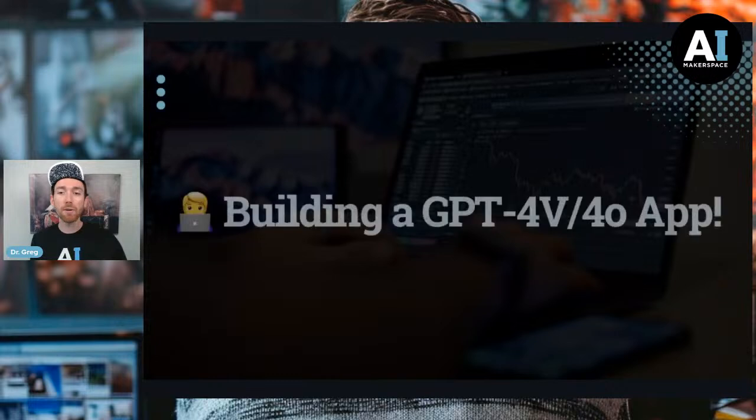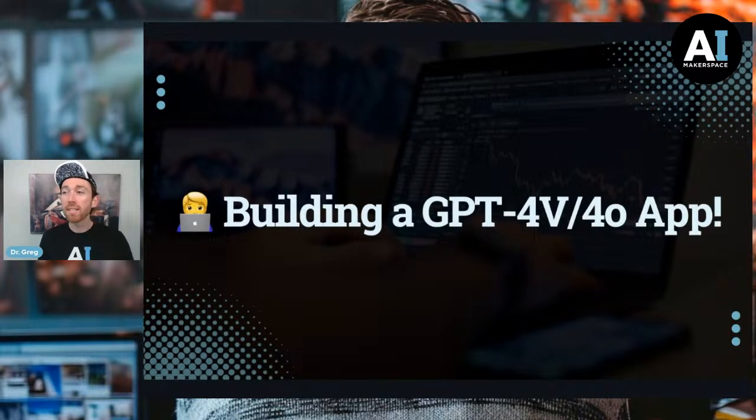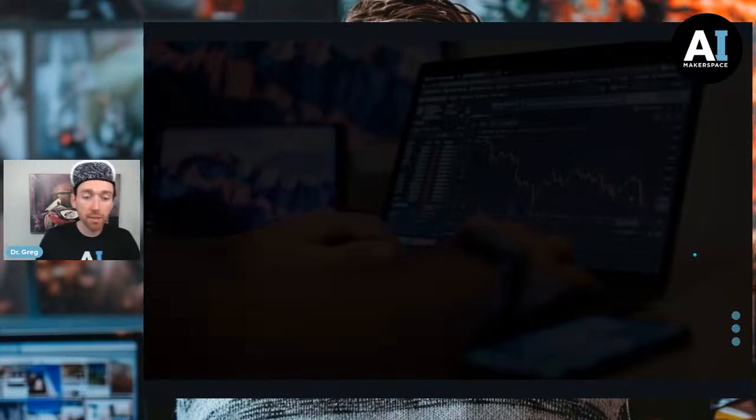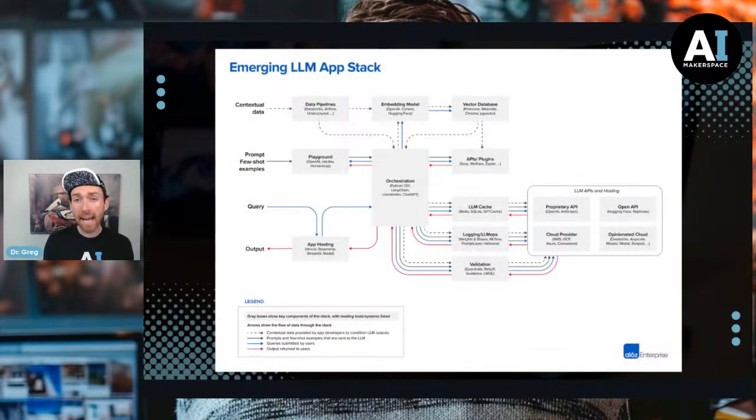So when we think about building one of these applications using the GPT-4o API, the thing that's great is that this is a very simple type of application, similar to the first LLM application that we've got available on our GitHub, which you'll be very familiar with. If we think about the stack of tools you can leverage to build LLM applications, we're generally looking at 3 areas.